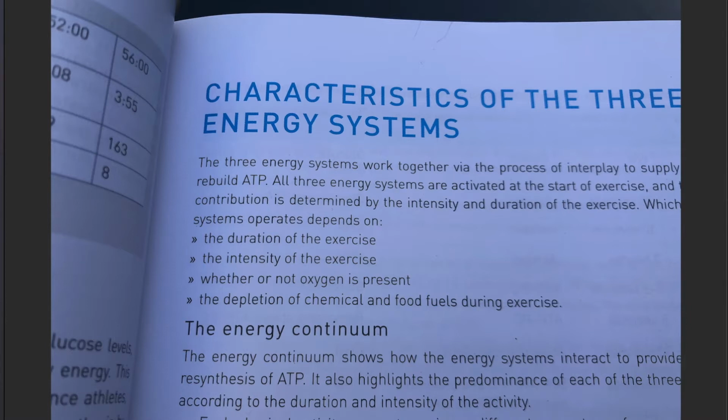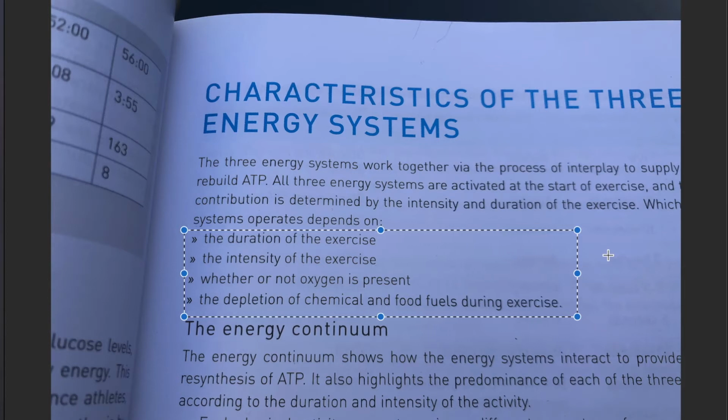And the question is, which energy system is busy resynthesizing ATP, or putting it back together after it's become ADP and P in the human body? And this is what makes the decision about which energy system is the most dominant at any given time. It depends on the duration, how long the exercise has been going for, the intensity, how hard is that exercise, what is my heart rate working at, whether or not oxygen is present.